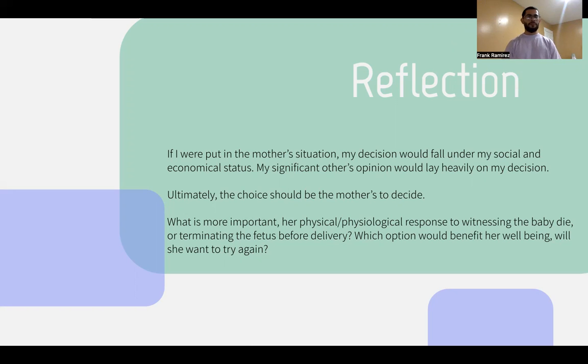Is she going to suffer from witnessing the baby die, or is she going to suffer even more for terminating the fetus beforehand and not knowing, if she had given that chance to the baby, would that baby have survived? Would it have given her any enlightenment, any purpose in life? It's hard to decide. And ultimately, it's something that needs to be decided in those moments.